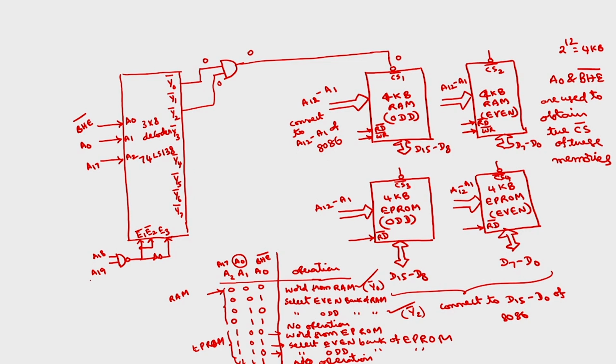Now what about CS2 bar? How to generate the signal for CS2 bar? In which cases does CS2 bar have to be selected? CS2 bar is the even RAM bank. So this can be either the first one or the second one. In the first it is a word, so both even and odd have to be selected. In the second it is only exclusively even of RAM. Okay.